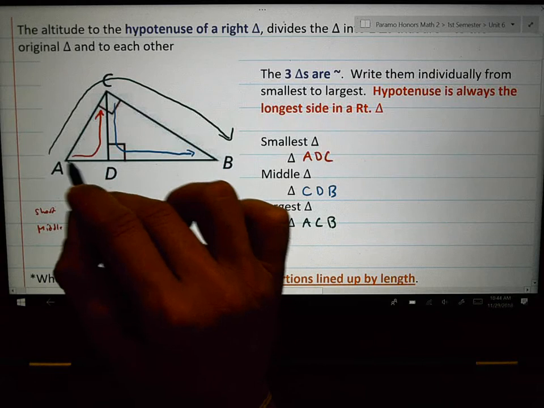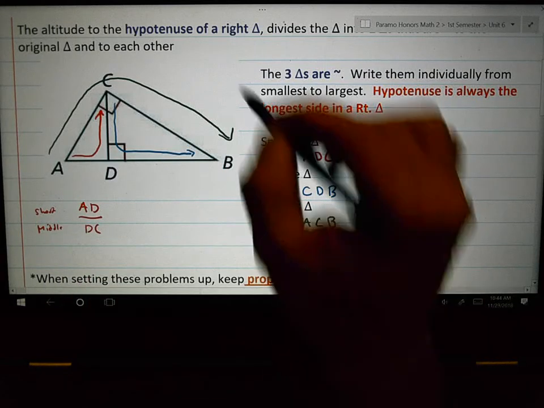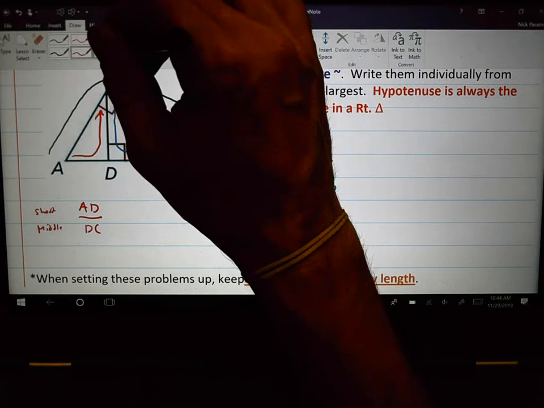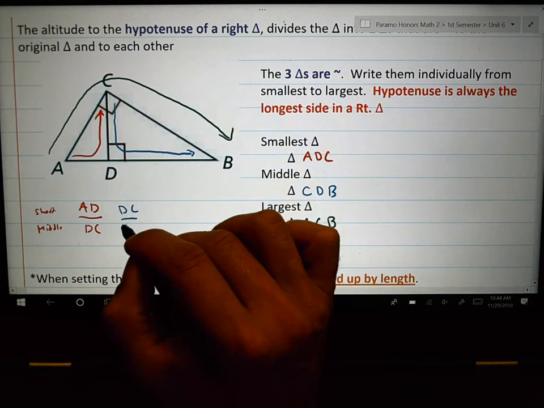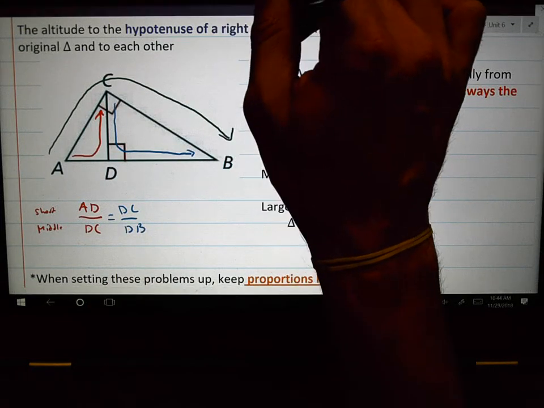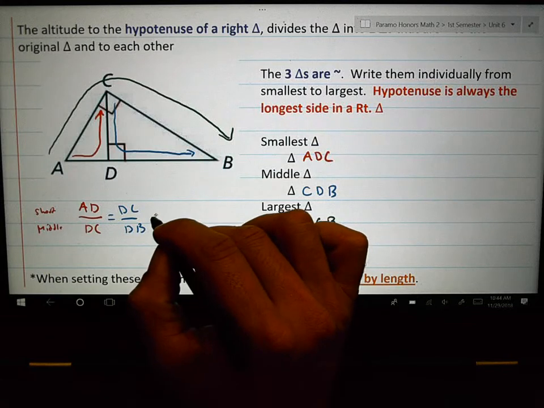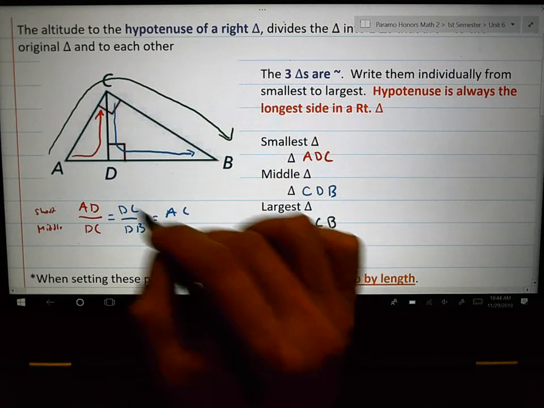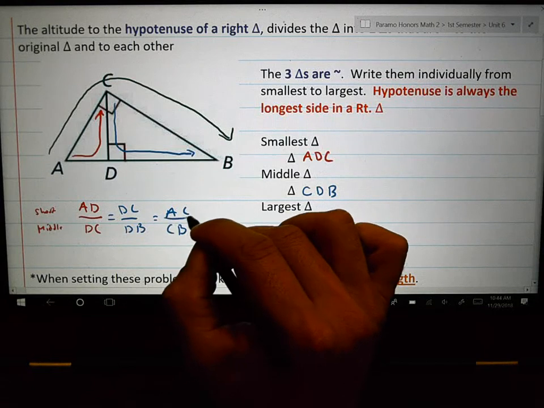In my red triangle, the short and the middle is AD over DC. In my middle triangle, the short is DC compared to DB. And then in my large triangle, the short is AC, and the middle is CB.